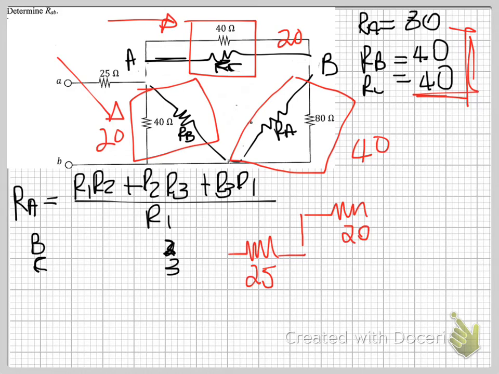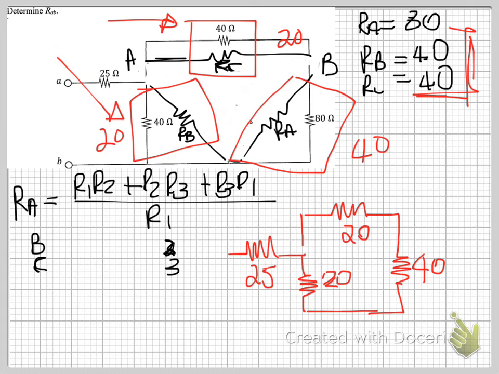And then two 80s in parallel gave us a 40. And then two 40s in parallel gave us a 20. Right. So now this is the resulting circuit that we have, right?